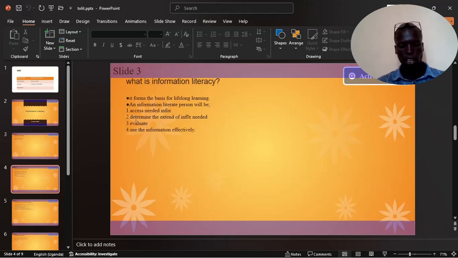Therefore, we save time and get the information. And third one is evaluate it. You'll be able to evaluate information and determine the needed information critically, with easy access. So that's what we go evaluating.